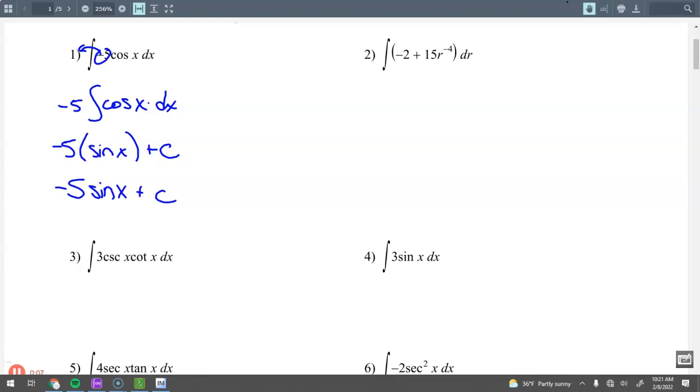Do number 2. You can do number 2. But that's not trig, right? That's not from yesterday. Power rule.